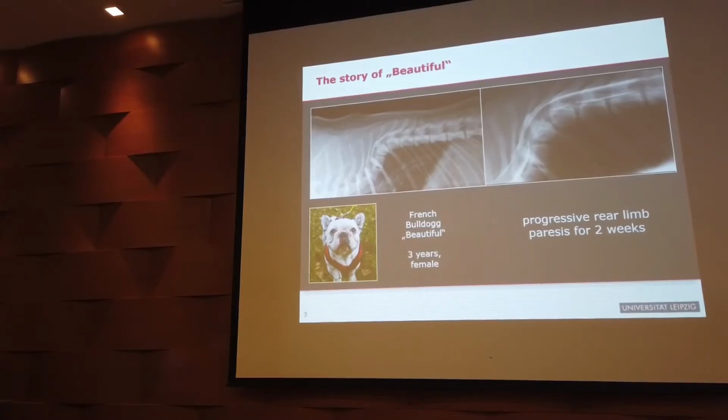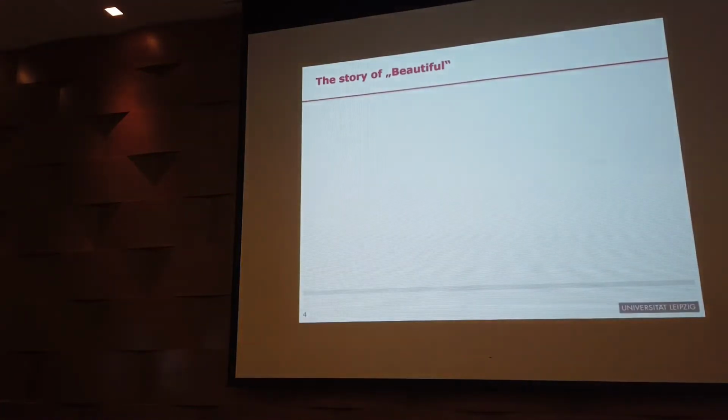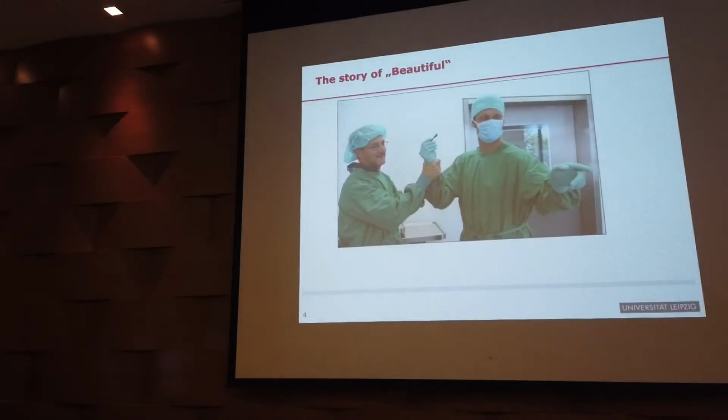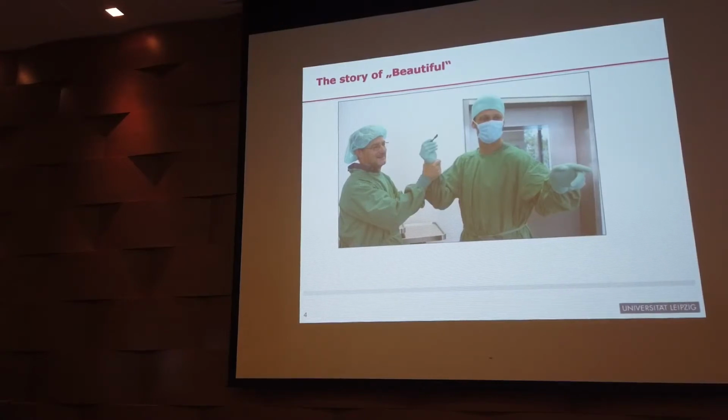When we got that referral, the patient had a rear limb paresis of 2 weeks duration. At that time, our surgeons were on duty. In our hospital, neurologists do most of the neurosurgery, but sometimes surgeons do. And it was the week where surgeons were responsible, and I had to stop those surgeons from doing the surgery.